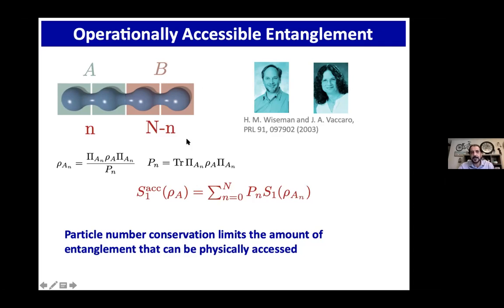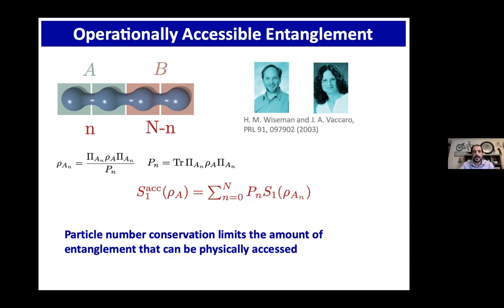The idea is that having a fixed total number of particles in the system imposes a restriction on the state. If you know how many particles are on Alice's side, the A side, then you know the number of particles on the other partition, which is just the complement of that total number of particles.